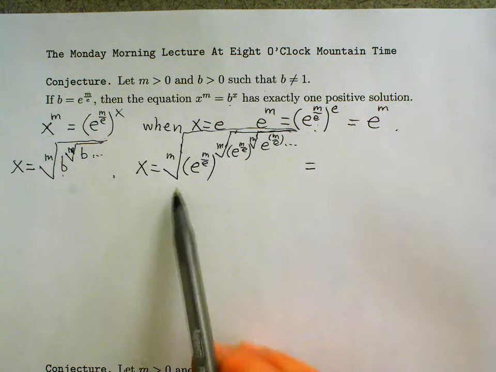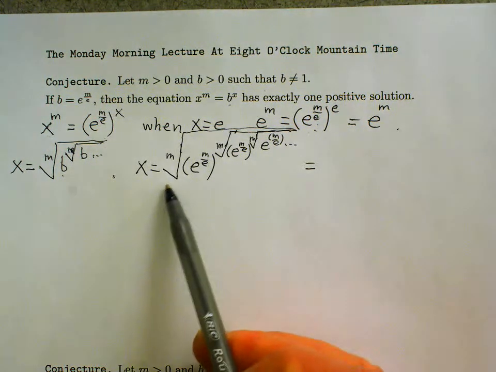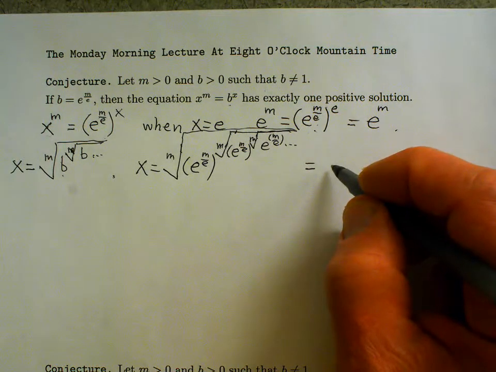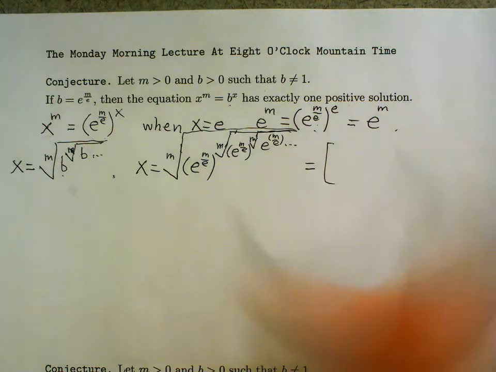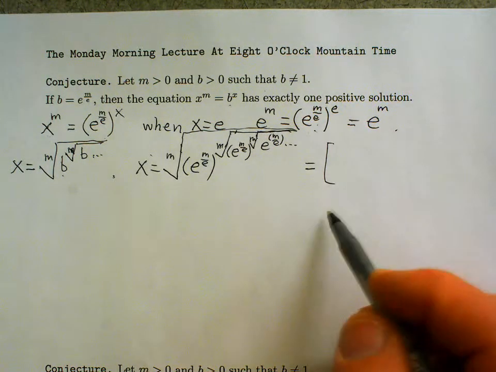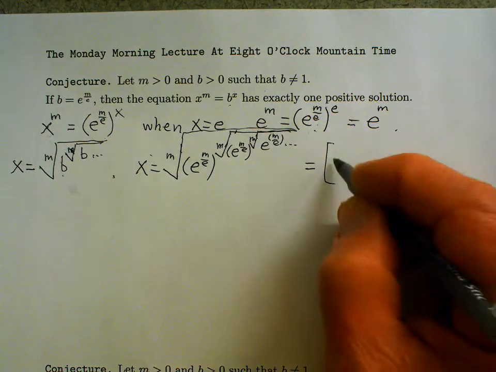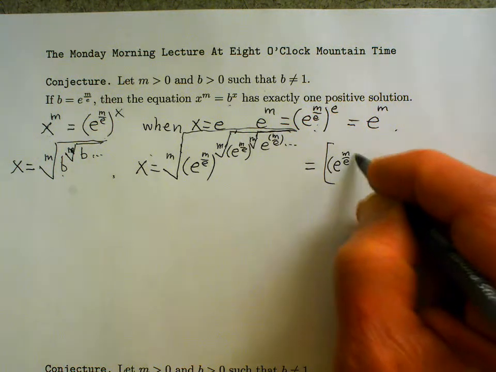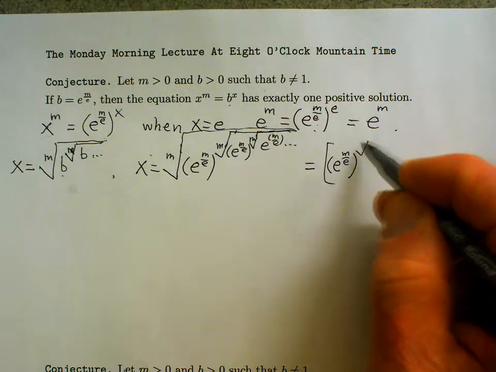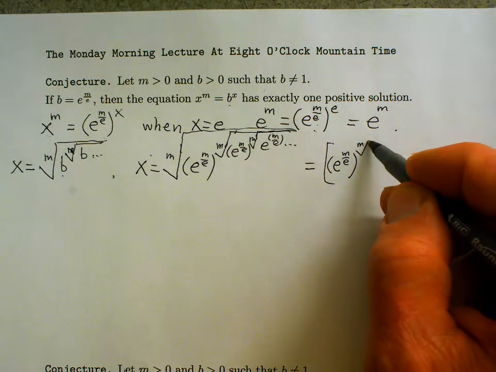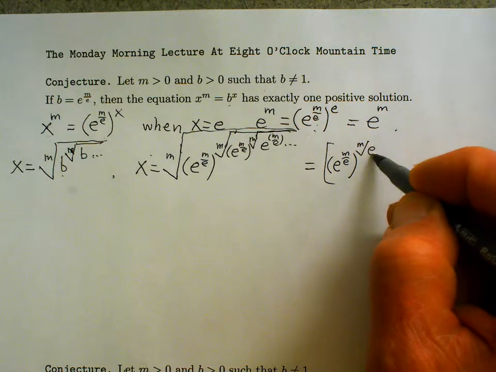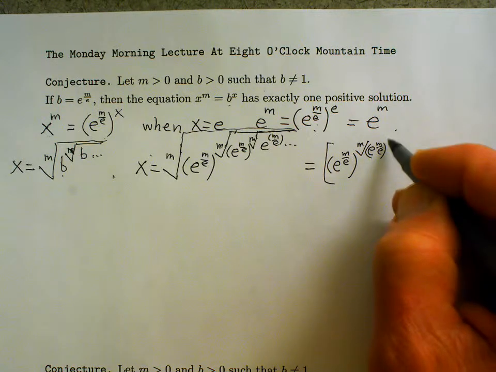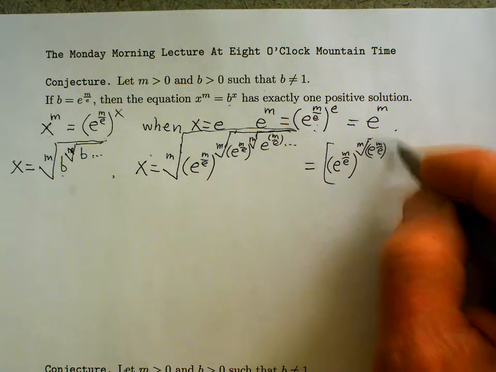But then using the definition of the radical, we can rewrite this. Because the mth root of something is equal to that something to the power 1 over m. So inside the brackets, we have e to the m over e, and then the exponent m to the mth root of e to the m over e, and so on.